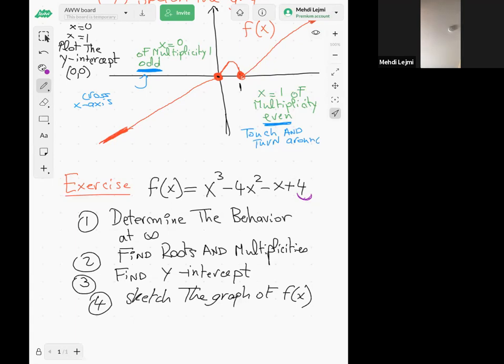So any guess for the roots, guys? No, Kwame, I don't think it's correct. 0 and 3, they are not correct.